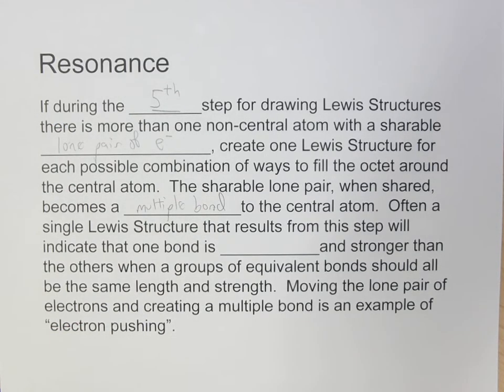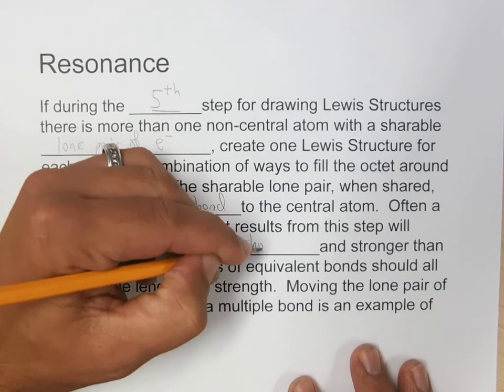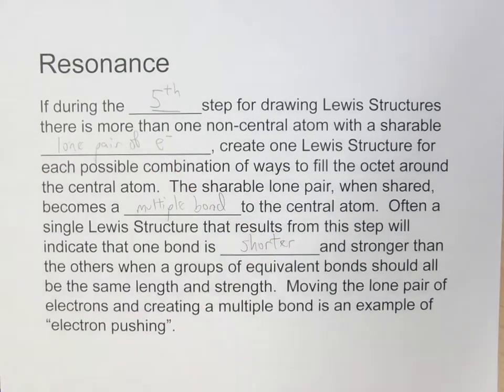And often a single Lewis structure that results from this step will indicate that one bond is shorter and stronger than the other bonds, when the group of equivalent bonds should all be the same length and strength. So a single structure is often misleading and misrepresents the bond lengths and strengths of the different bonds to the central atom.